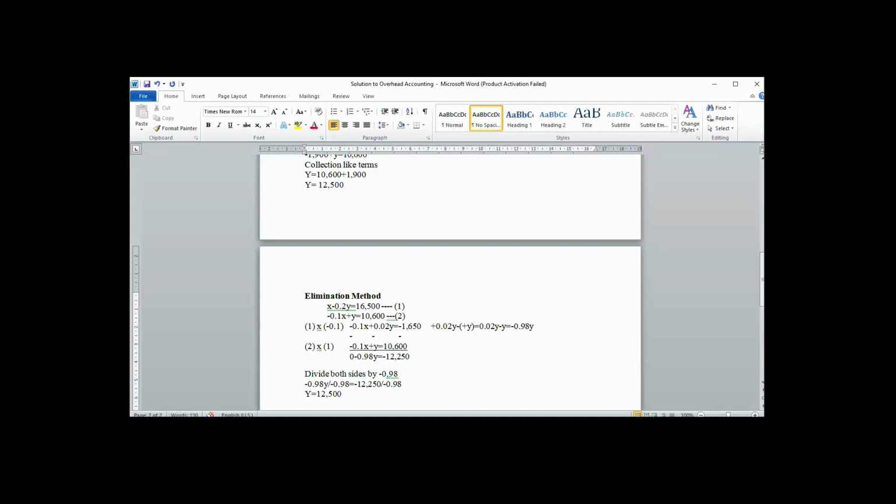We now say substitute y in any of the equations. Which equation do you want to pick now? Equation 2. Equation 2, Abi? Yeah.